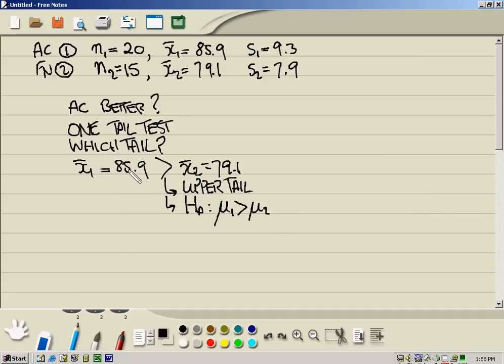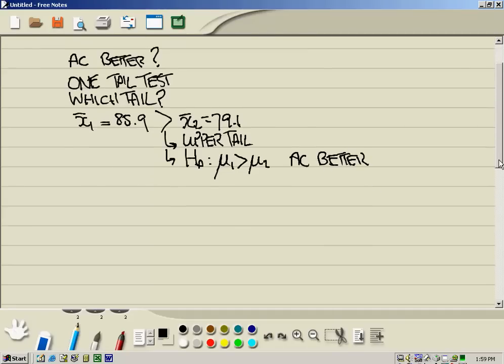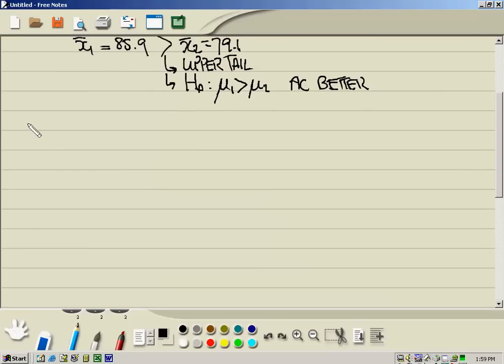In the sample, the accounting majors have a larger average score than the finance majors, so that's also true for the alternate. So in the alternate, we can say that the accounting majors are better. You can either do that here or work it out below when we write down both our hypotheses.